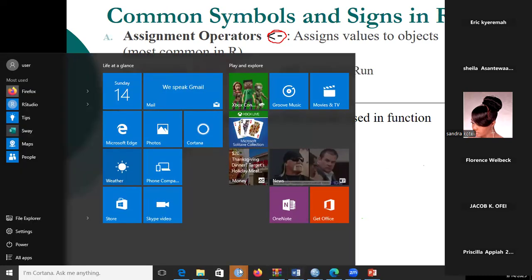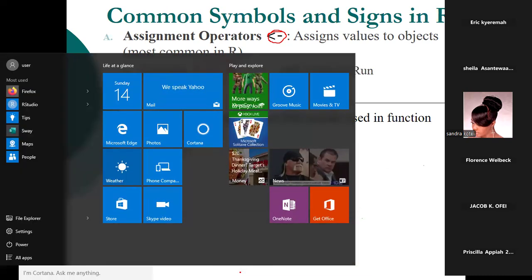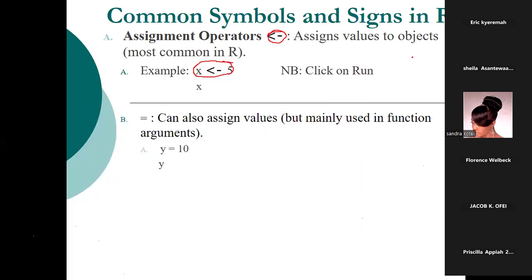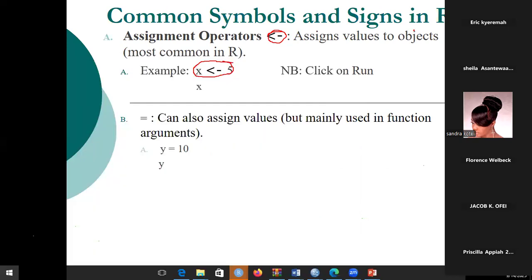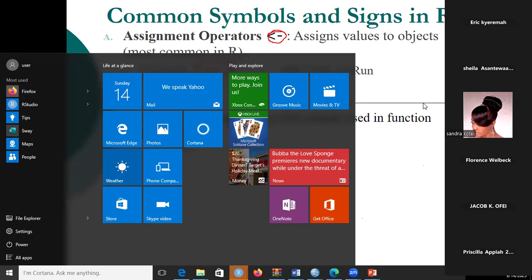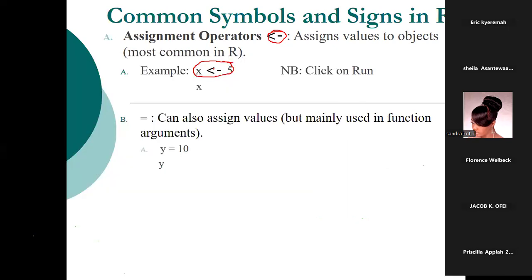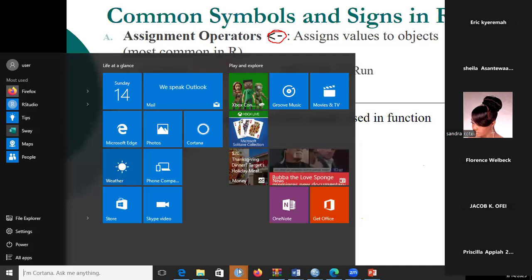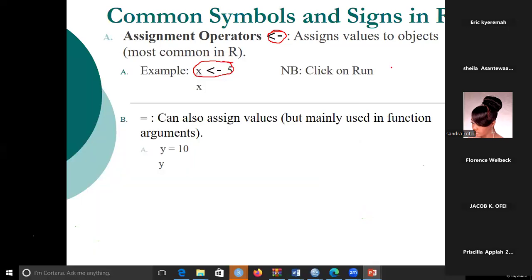Are we to space them, or do you type without spacing? Once you type, just add the dash sign. You can space after the dash sign. It doesn't really matter. Let me see if my R has.